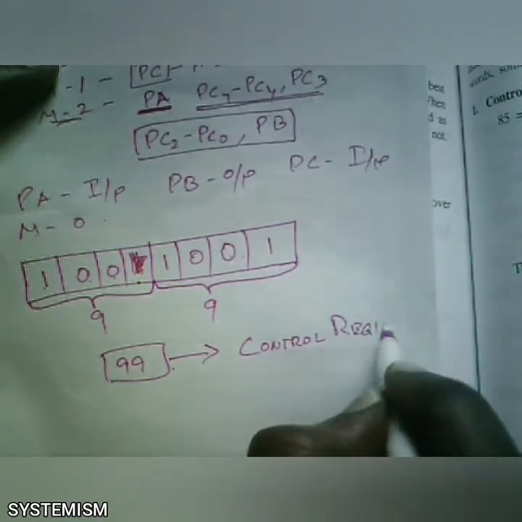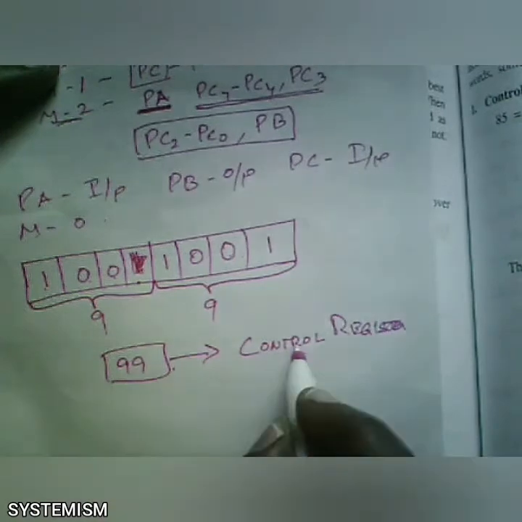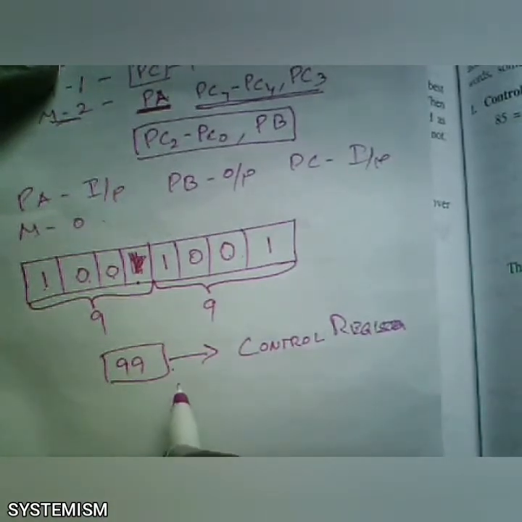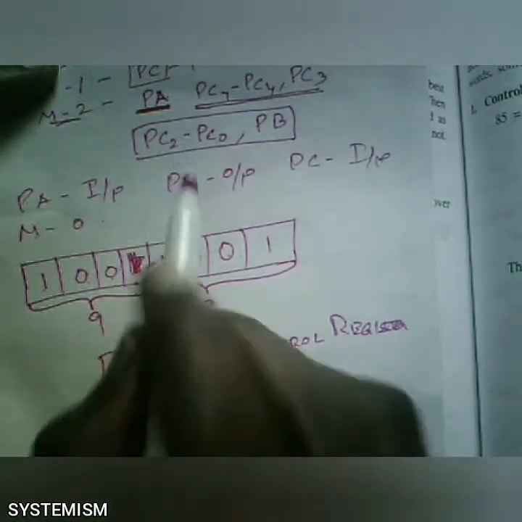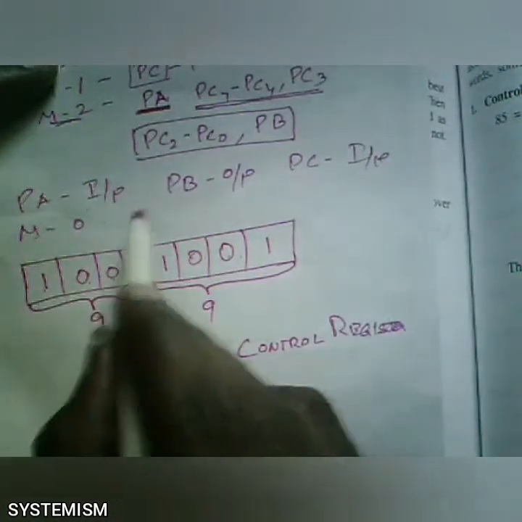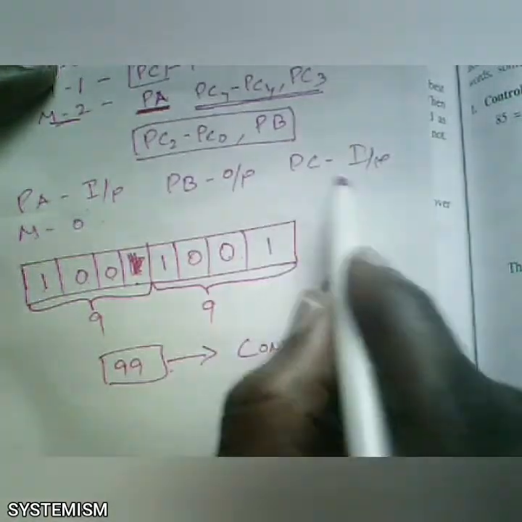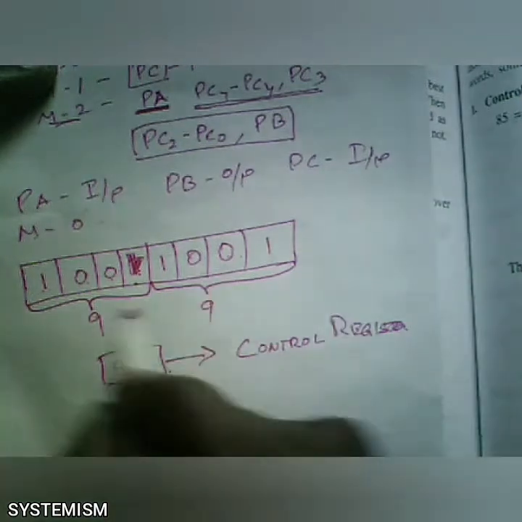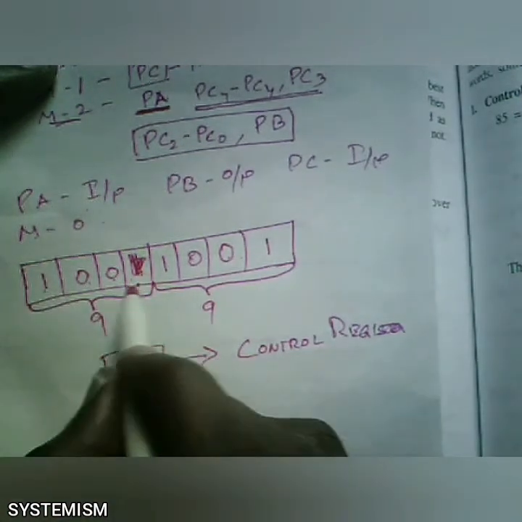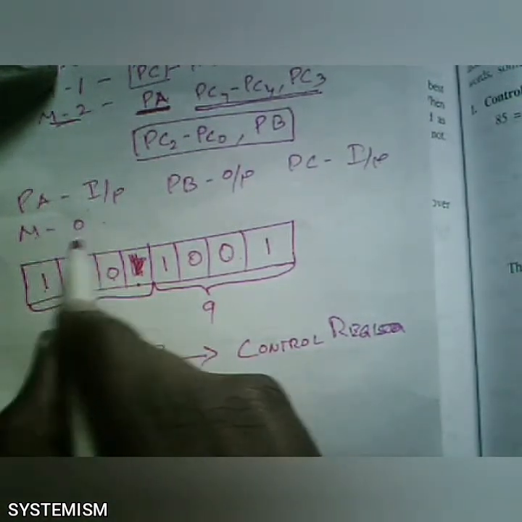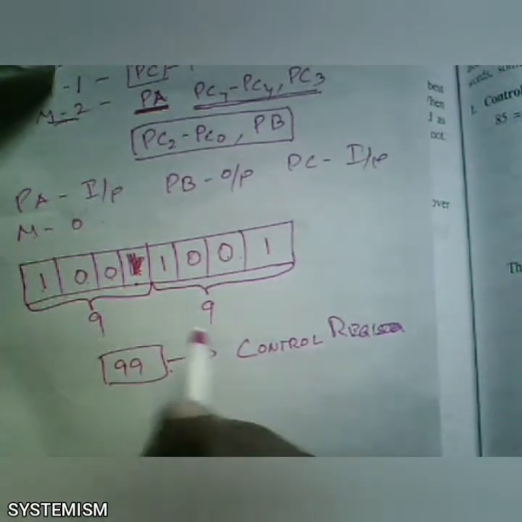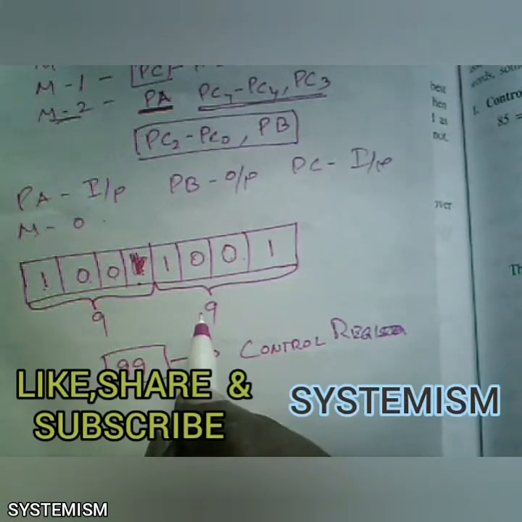If 99 is transferred to this control register, port A will act as an input port, port B will act as an output port, port C will act as an input port, and the mode you have selected is mode 0, simple input output mode. That's all. So this is your 8255. Thank you.